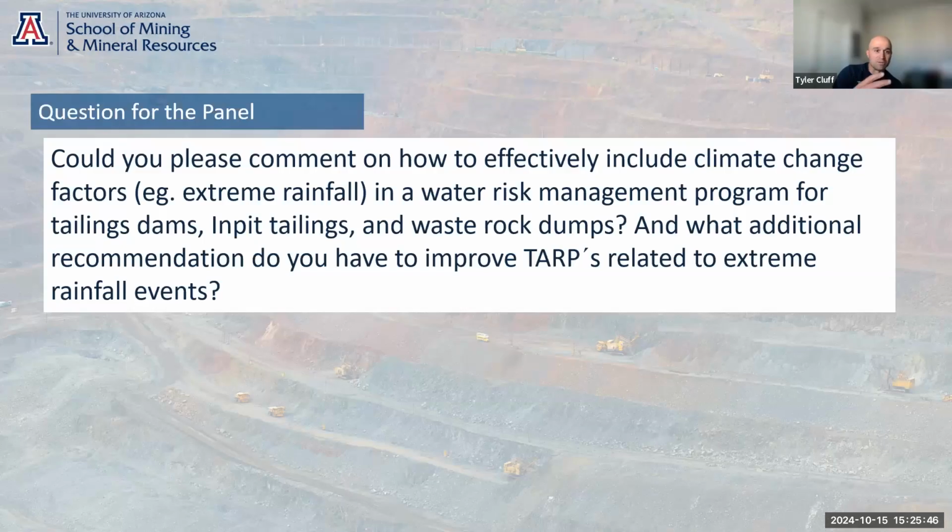And the cumulative effect of those had a bit more of an effect than a 1 in 100 year event, which would be the standard design criteria, or 1 in 500 year event. So I think that element of not only what magnitude these designs and TARPs are built towards, but what could be the effect of the frequency of lower magnitude events occurring in quick succession is something to think about, right?